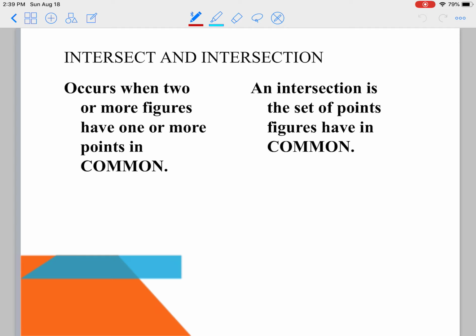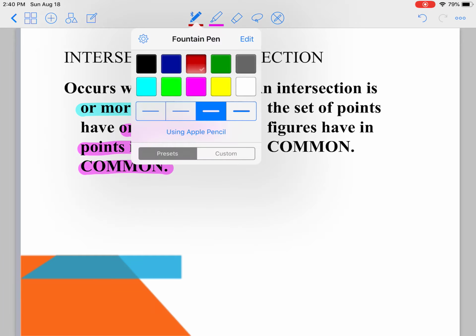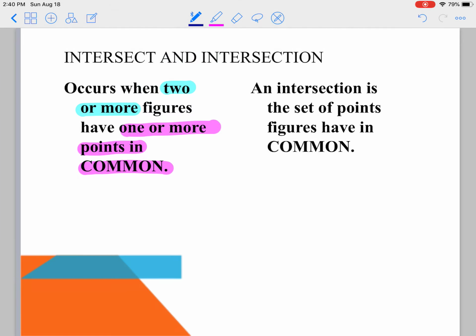Intersect and intersection. An intersection occurs when two or more figures have one or more points in common. Okay? So that is when two figures will intersect. So in this case, we'll work with a line.